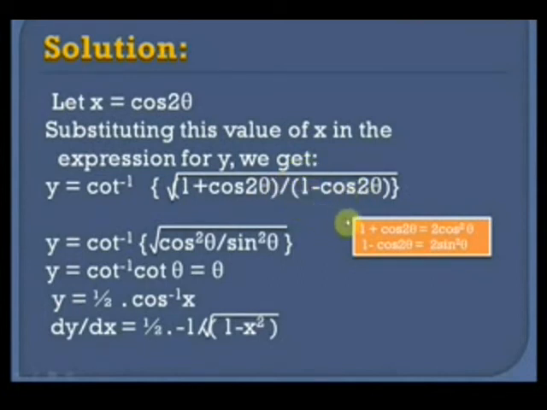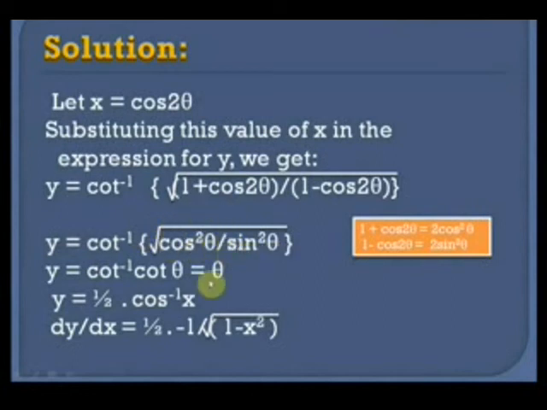Now from the basic trigonometric identity we see that 1 plus cos 2 theta is equal to 2 times cos square theta, and 1 minus cos 2 theta is equal to 2 times sin square theta. So when we put these values here, we get y equal to cot inverse of under root of cos square theta by sin square theta.